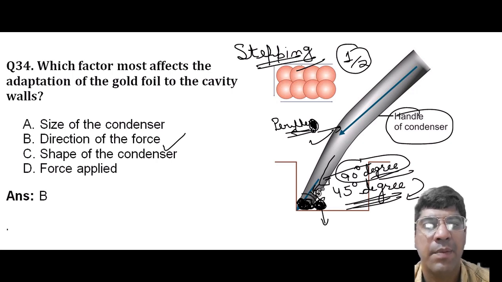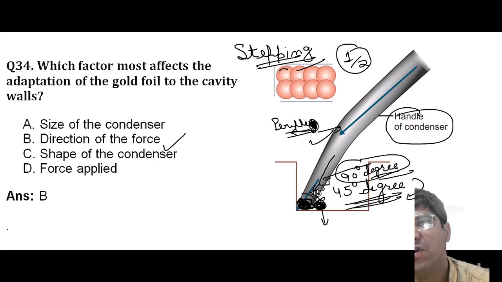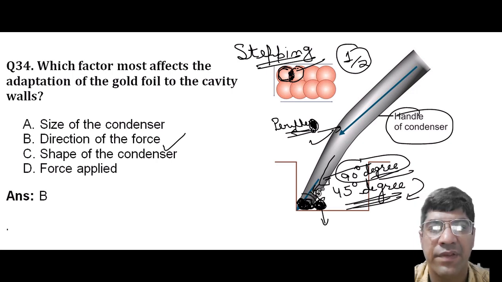That is again important from your exam point of view. Stepping involves overlapping the previous area of a condenser stroke by half or one quarter. So the next stroke is to cover at least one quarter, or at least one half, of the area.